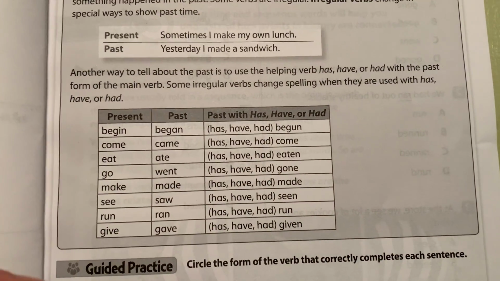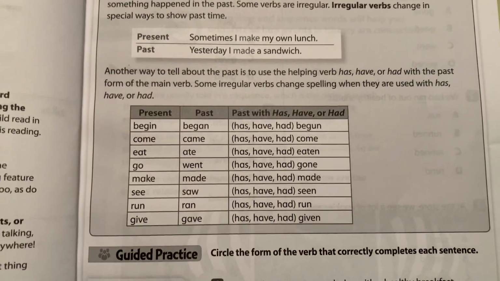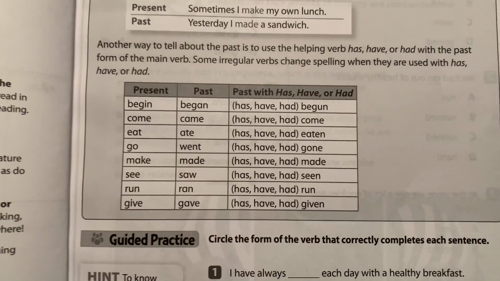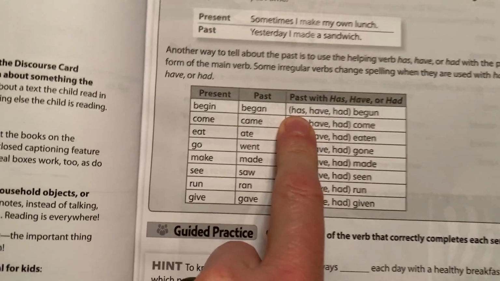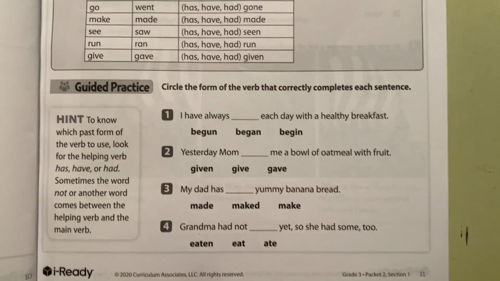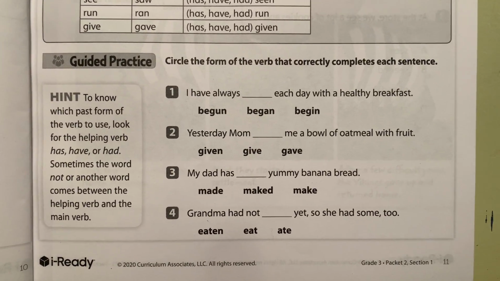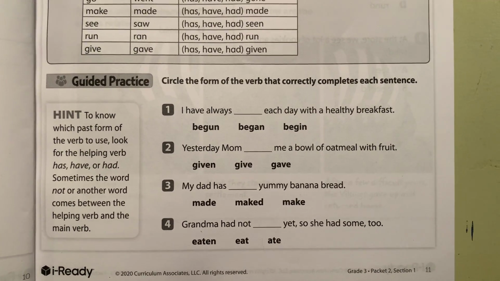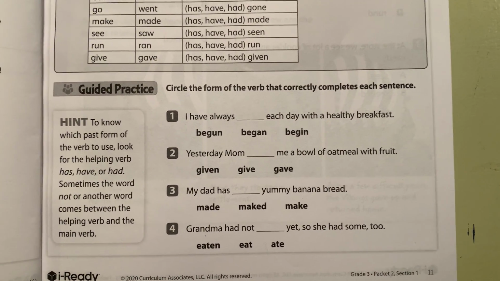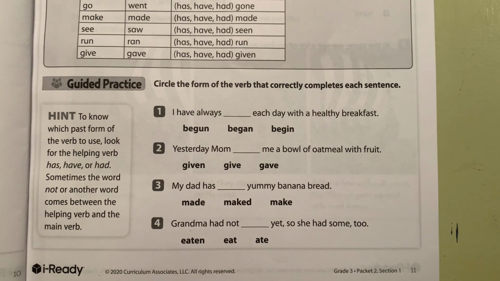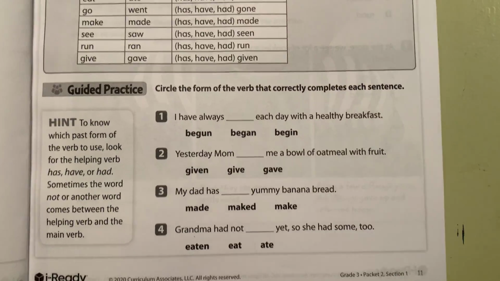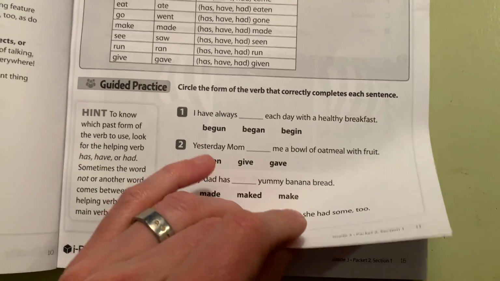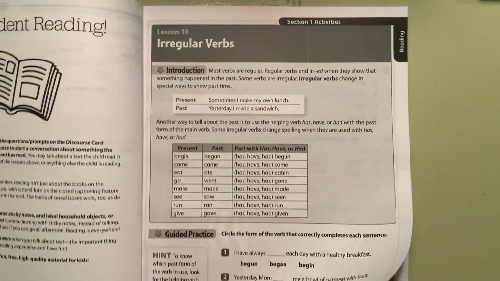So even though there's a not in between the helping verb has and the verb begun, you still keep the spelling for the addition of the helping verb has, have, or had. So you've got several sentences here, and you have to choose which is the correct verb for completing each sentence. Just circle the word. You do not have to write it on the line. And that is the beginning of your reading assignment.